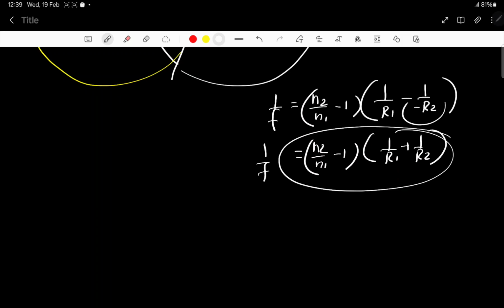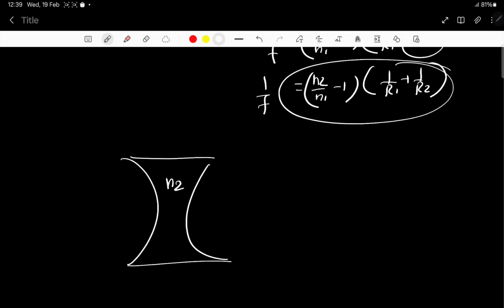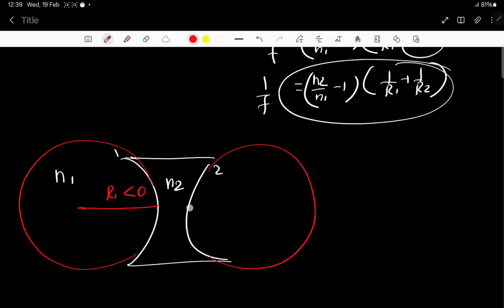But for a double concave lens, the case is opposite. If you consider a double concave lens, its refractive index is N2, and it's placed in the medium of N1. So it's surface 1, it's surface 2. Surface 1 has its center on this side, so its radius is negative, whereas this surface has its center on this side, so its radius is positive.